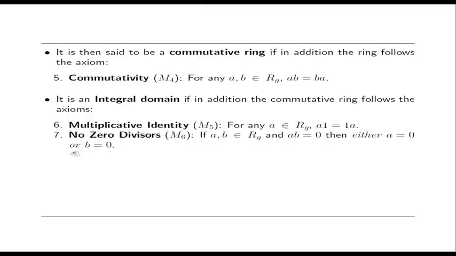And it should have no zero divisor. This is another property. That means, if you take any two elements A, B from this set, and if A dot B is equal to 0, then either A is equal to 0 or B is equal to 0. This is the no zero divisor property.